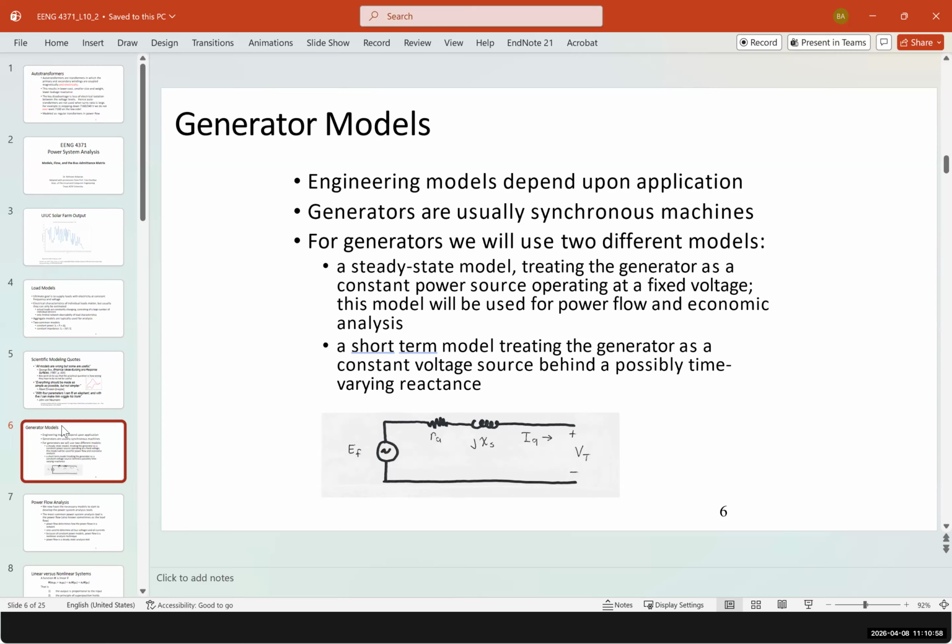First thing that you need to know for generator models: engineering models depend upon application. Generators are usually synchronous machines. We also have asynchronous generators, mainly used in wind turbines. But I would say 95% of our generation system, even more, are synchronous machines.